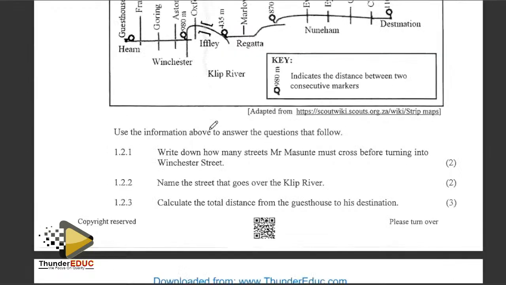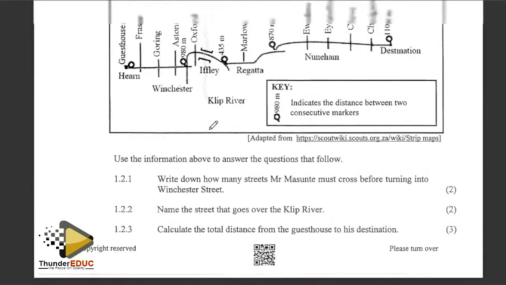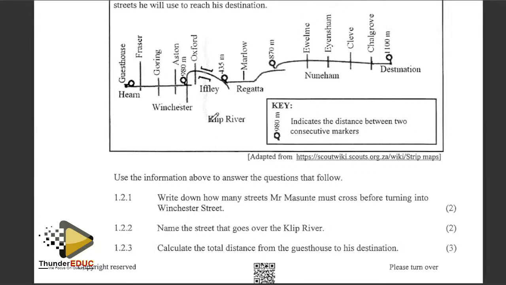1.2.1. Write down how many streets Mr. Machete must cross before turning into Winchester Street.